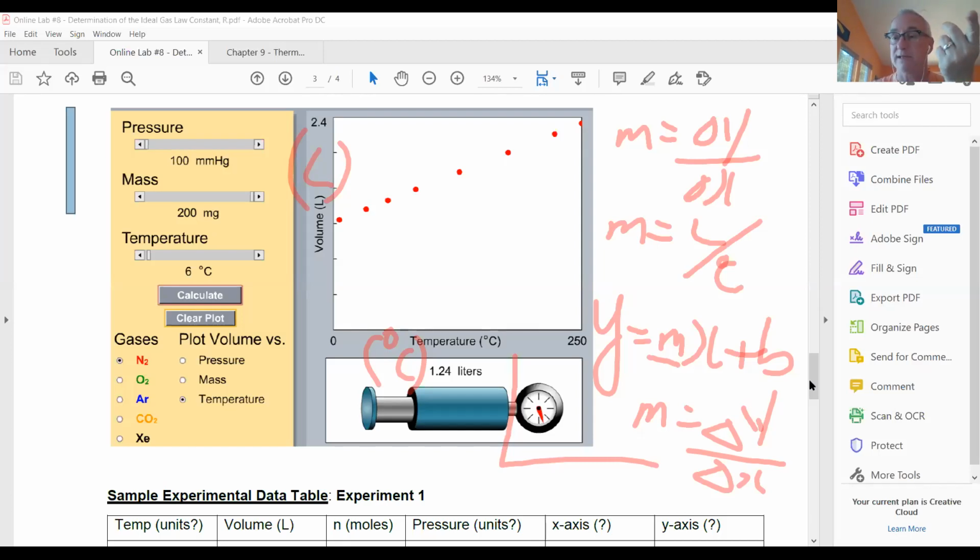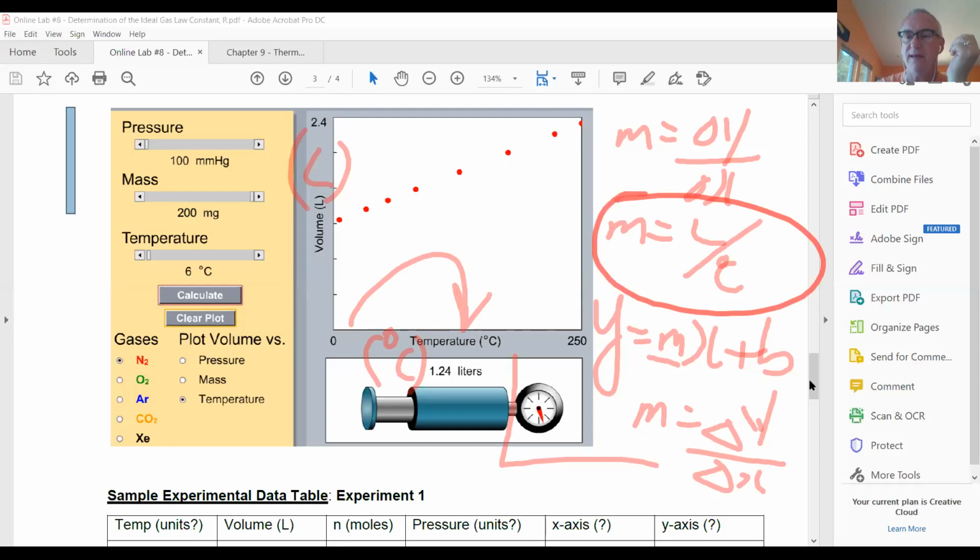Because basically what the slope tells you is that if I plug in a value for delta temperature, any temperature between 0 and 250, I can use this number to convert it to liters, right?